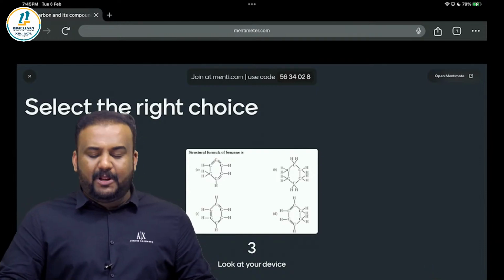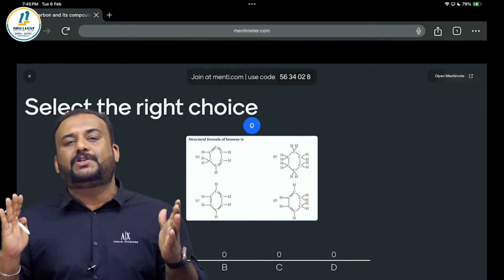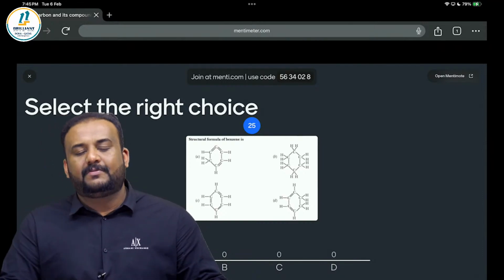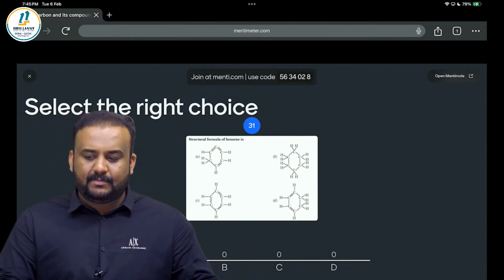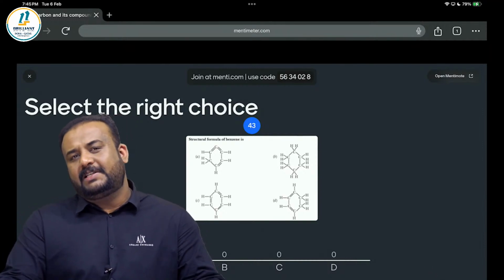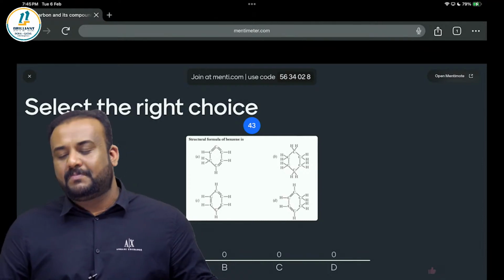Here it is. Structural formula of benzene. Come on, I want everybody to make it right. Structural formula of benzene. My best bet is this year this question is going to come.